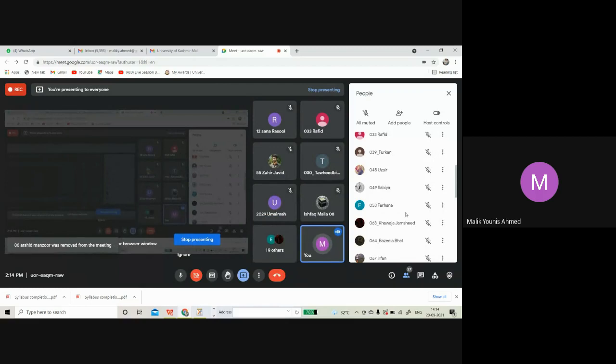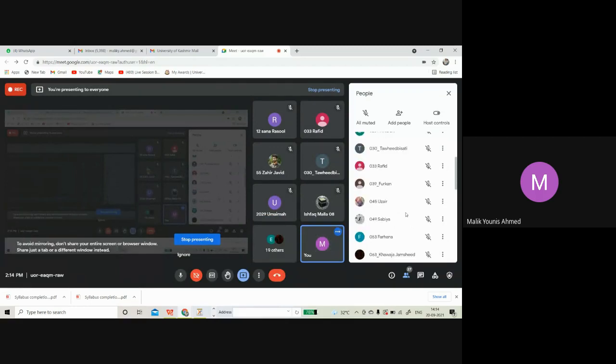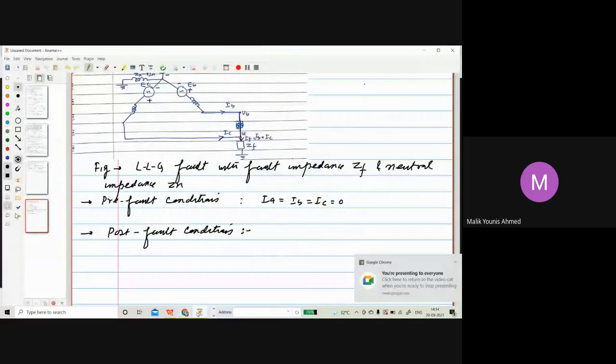Okay, roll number 39, Furqan. Yes, sir. What will be the post-fault conditions in this case? Shabash. The fault has occurred between phases B and C with a fault impedance ZF. What will be the post-fault conditions?